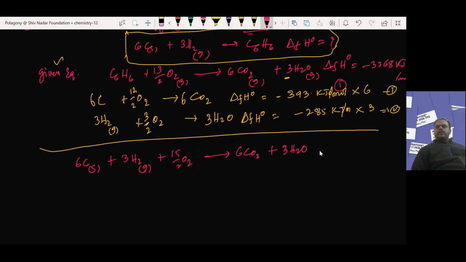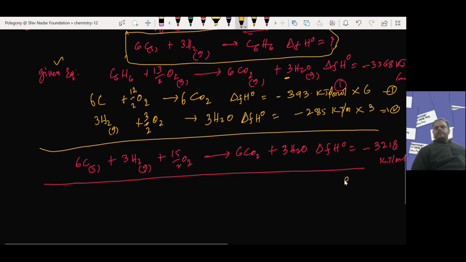If you combine these two values of standard enthalpies of formation of CO2 and H2O, it is equivalent to -3218 kilojoules per mole. This is equation number 2.